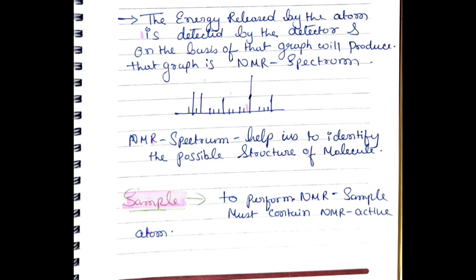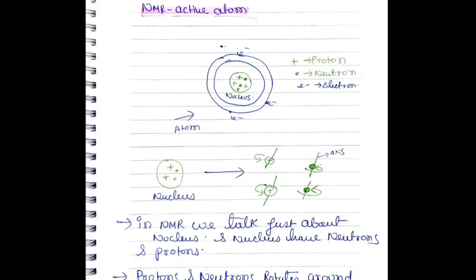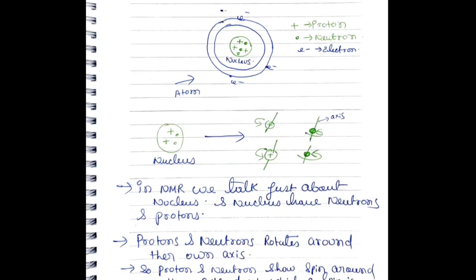Now, what are NMR active atoms? Let's see. Generally, we know an atom in a compound has a nucleus, and in the nucleus neutrons and protons are present, and around the nucleus electrons are present. Positively charged protons and neutrons are in the nucleus, which is surrounded by electron clouds.